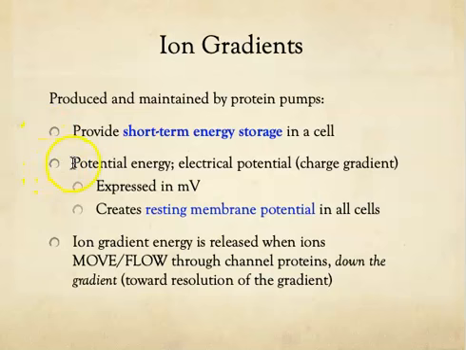It turns out that all cells have an uneven concentration of certain solutes between the inside of the cell and the outside of the cell. This is what we refer to as an electrical potential. We express it in millivolts because it's brought about through uneven concentrations of ions, and ions have charge associated with them.